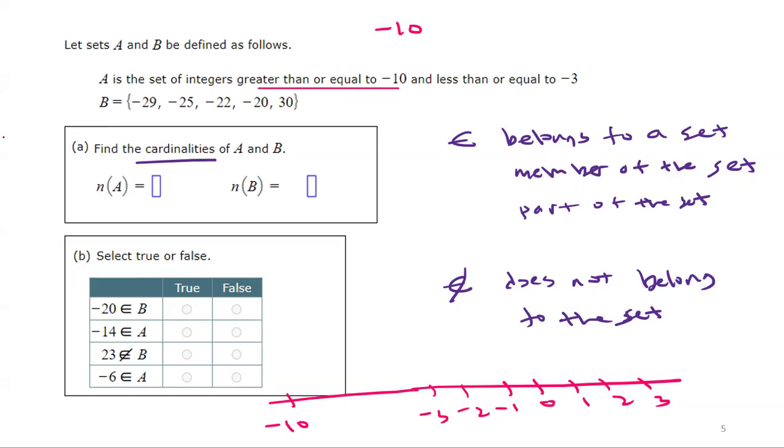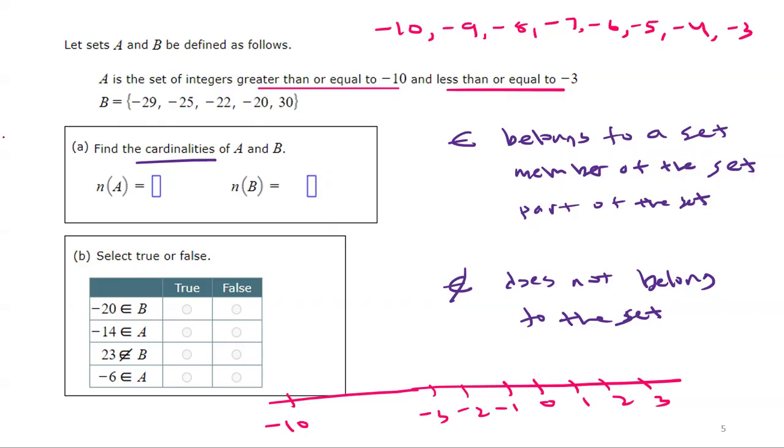As we get closer to the right to 0, the bigger the number. So the closer to the left, the lesser the number. So -10 is less than -3, so less than or equal to -3. So we just list them. So -10, -9, -8, -7, -6, -5, -4, -3.